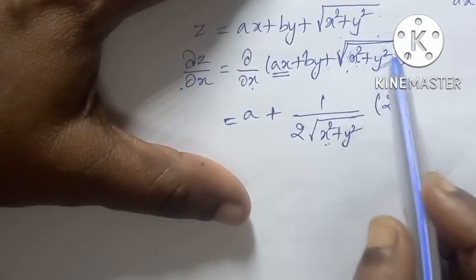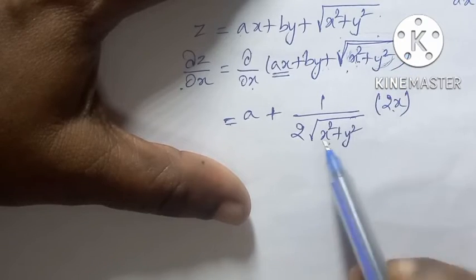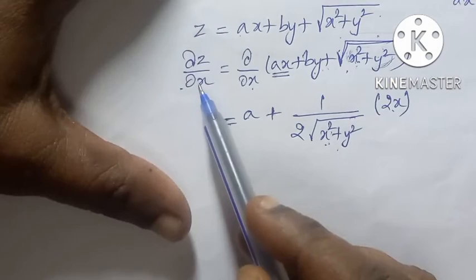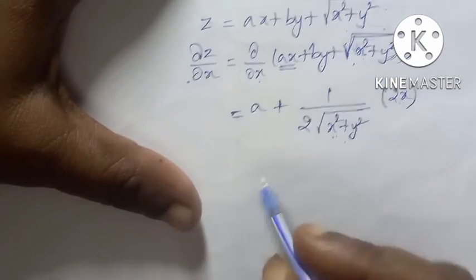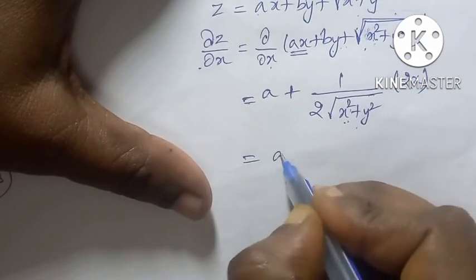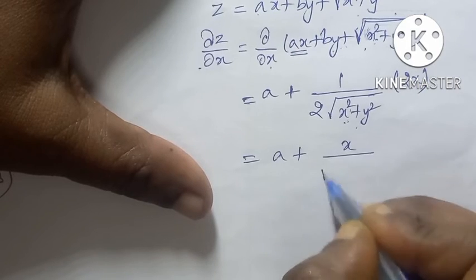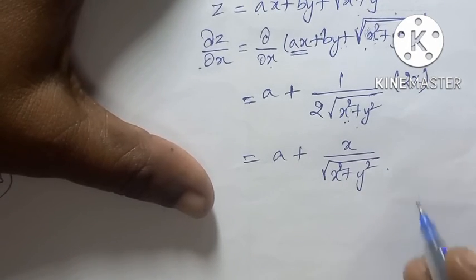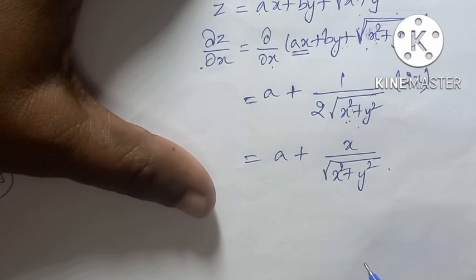But here it is different. So after differentiating the square root, 1/(2√(x² + y²)), differentiate this part with respect to x partially, which is 2x. So the 2 gets cancelled: a + x/√(x² + y²). So similarly, you can try other problems in the book. Okay. Thank you.